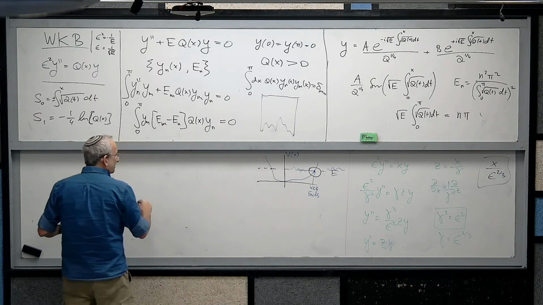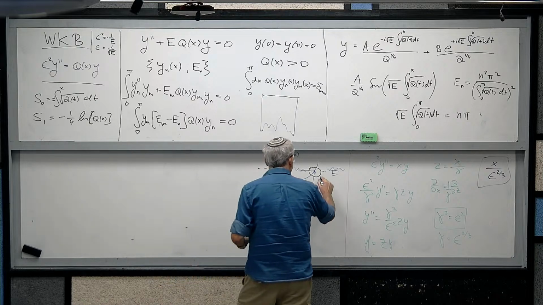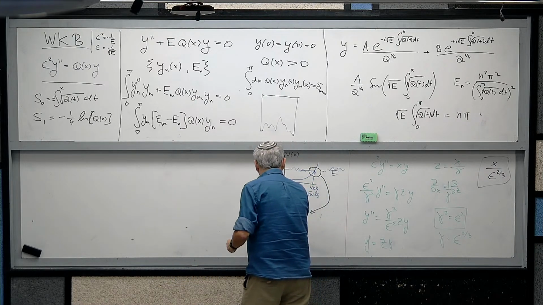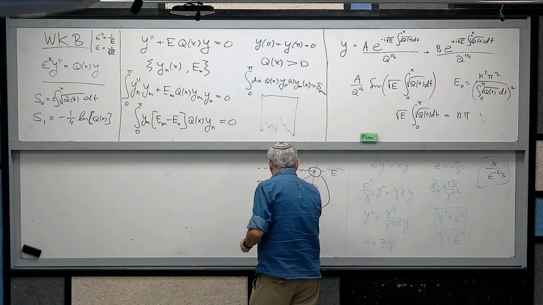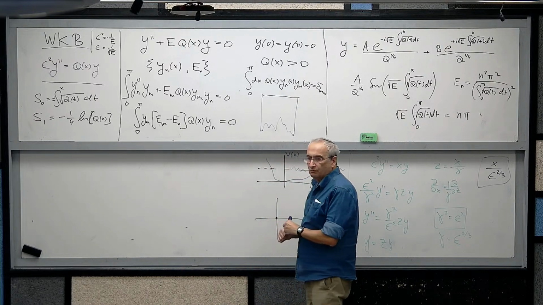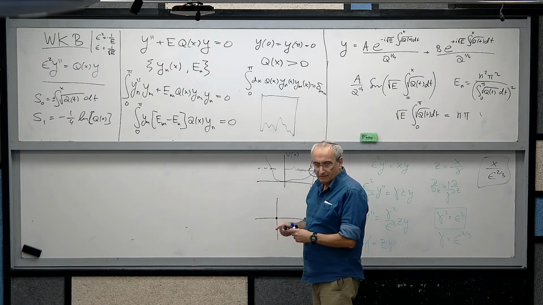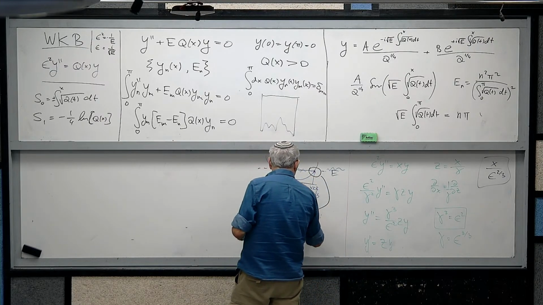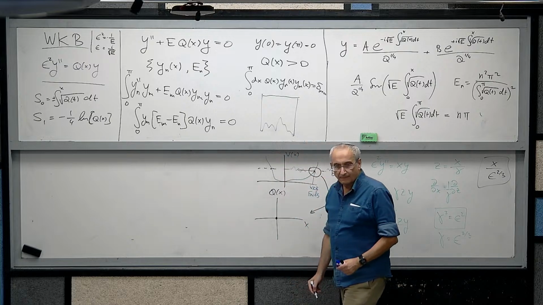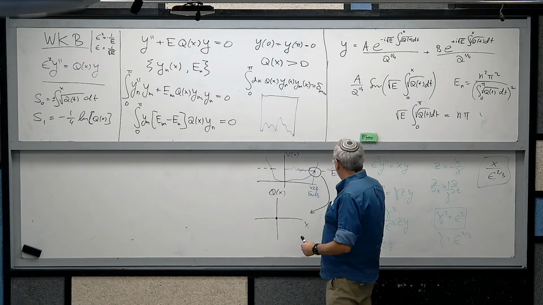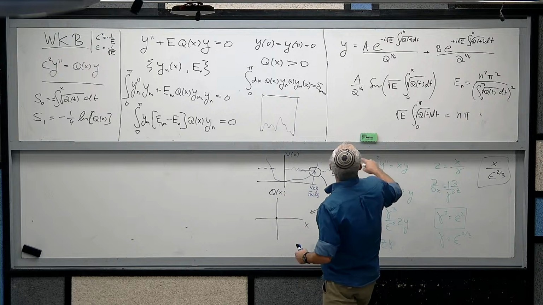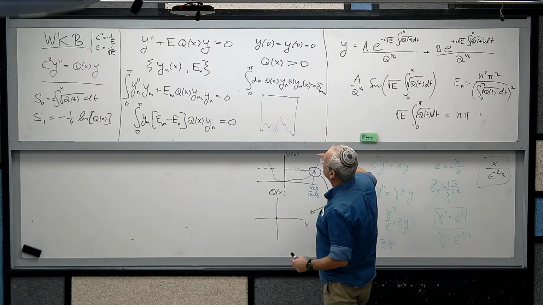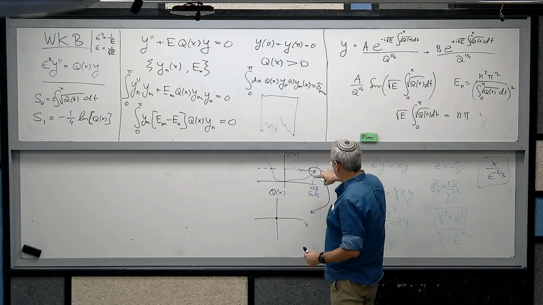And in order to make things nicer, I will take this turning point to be 0. So if I'm plotting q of x as a function of x, q is v minus e, right? Yes.